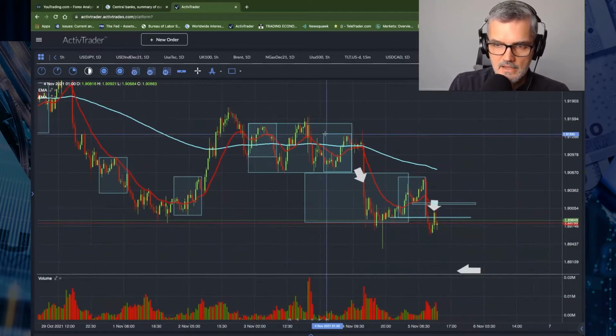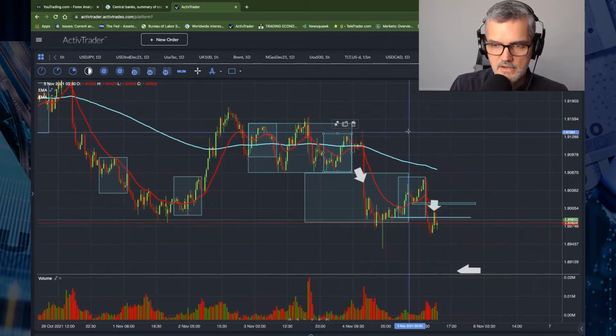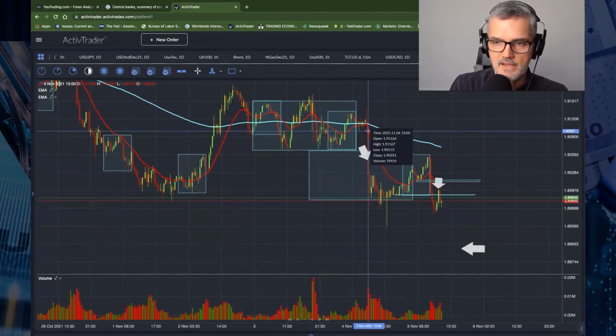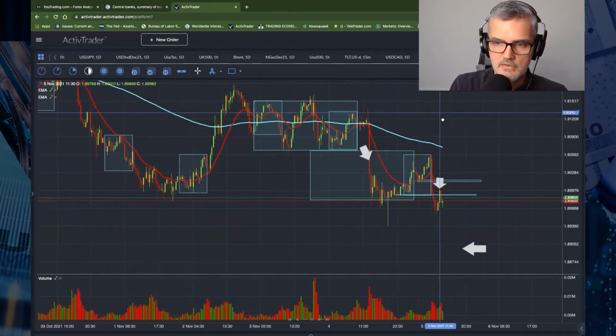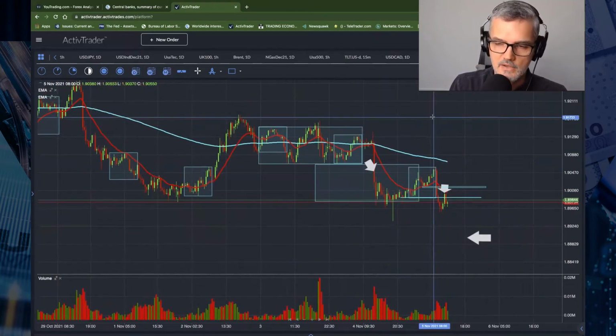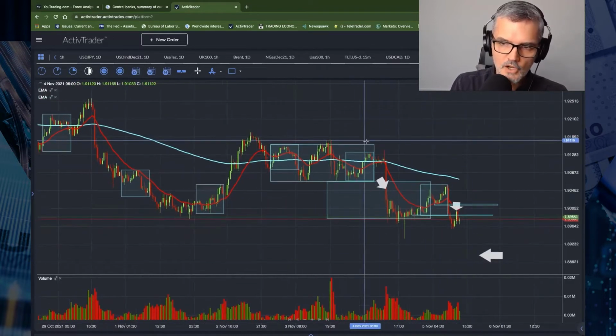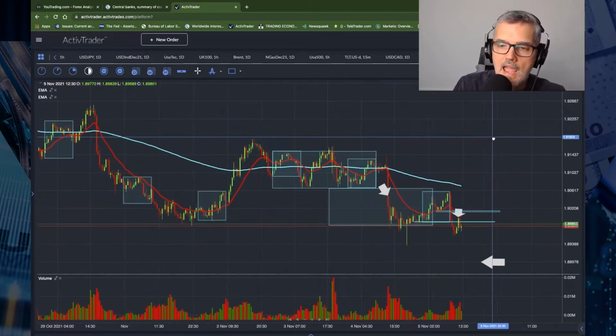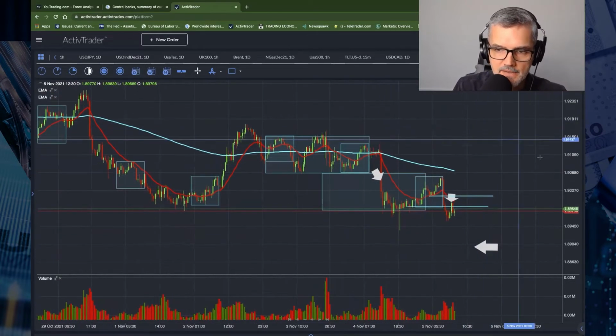Then yesterday, again, this is the Asia Pacific session, didn't do anything because we had the Bank of England decision. So no one should take a trade until we get that decision. Obviously, this could have broken to the upside. We could have had a complete change in trend, and things could have looked completely different today.